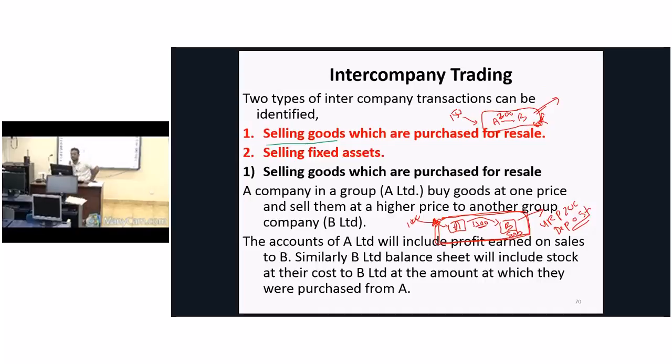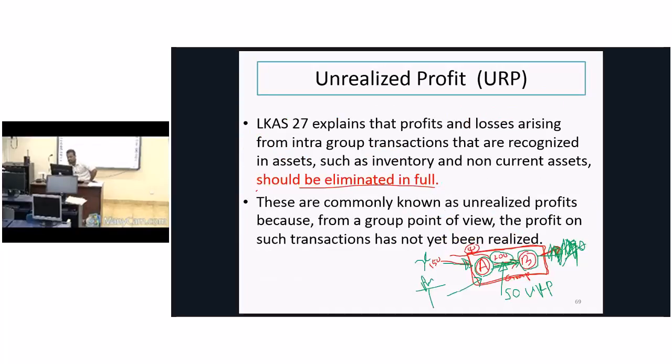Now, how to account for this unrealized profit? We need to reduce unrealized profit. What has happened in this scenario finally? Who added the profit? In this example that you see on the screen, A sold goods to B. Therefore, A added profit of 50 artificially. That 50 profit will be included in A's retained earnings.